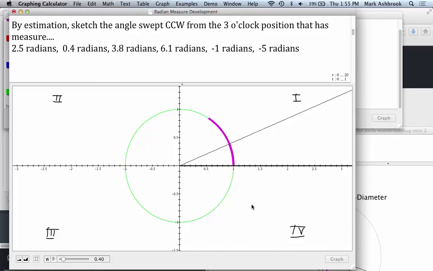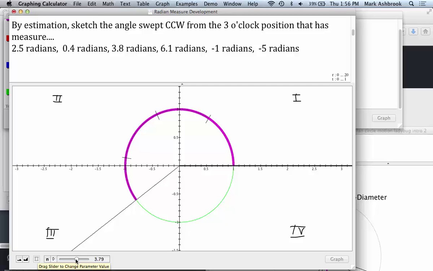Okay, 3.8. Walter, did you get 3.8? Quadrant 3? And where? Toward the top, or in the middle, or at the bottom? Toward the middle. I'll show you 3.8. There it is. That's 3.8 right there. Okay, what about 6.1? Jared. 6.1, yeah.